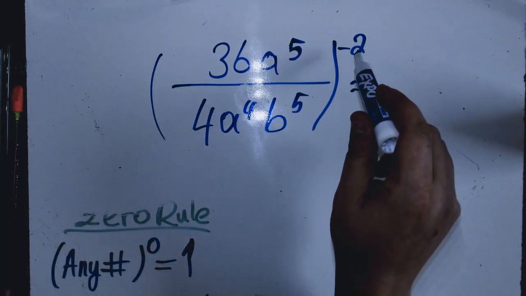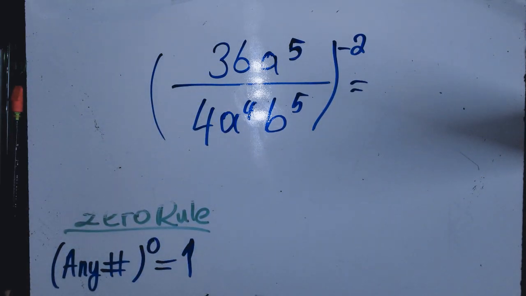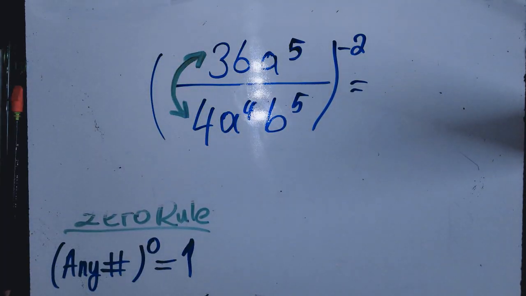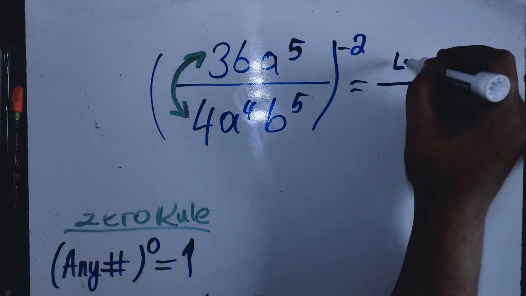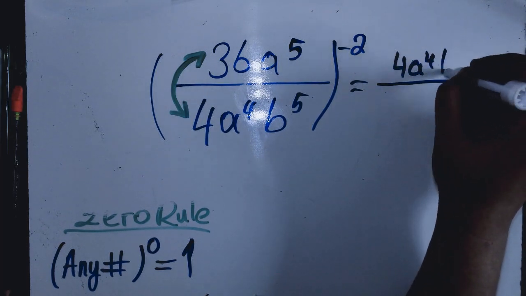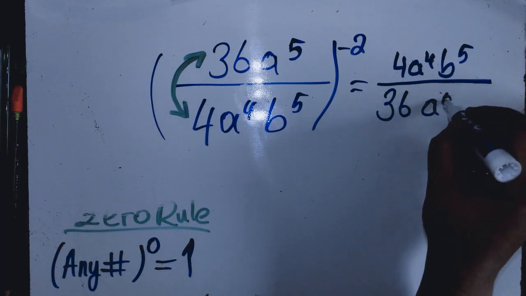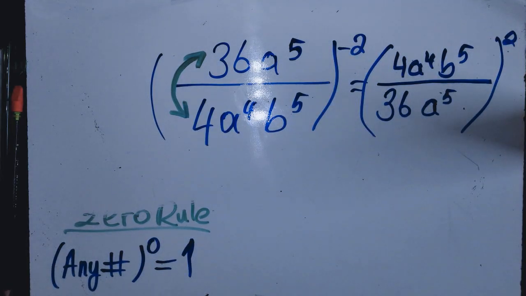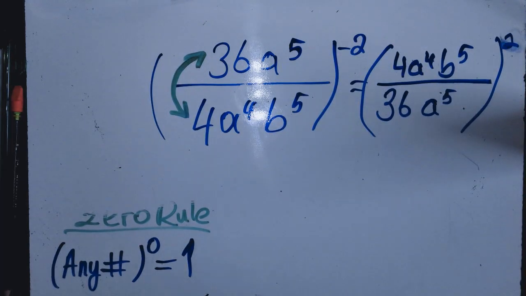So because I have this negative 2 exponent, I can just flip this, make the numerator the denominator and the denominator the numerator, and turn this exponent to positive. So how will that happen? 4 a to the 4th, b to the 5th over 36 a to the 5th, to the positive 2 power.